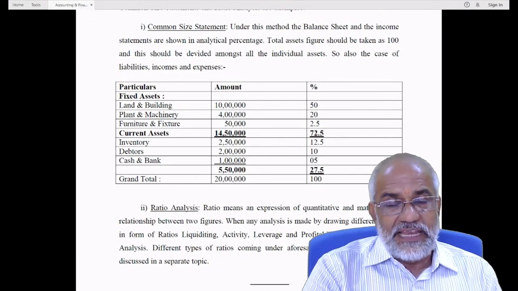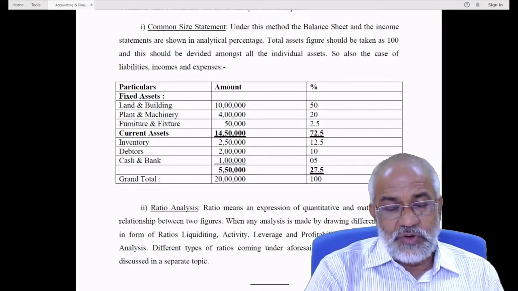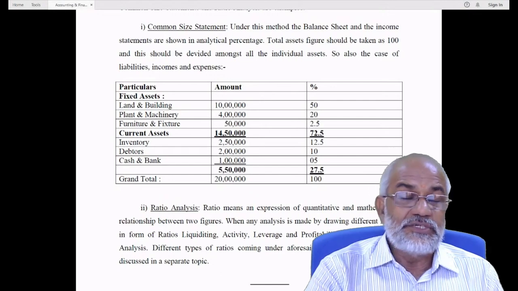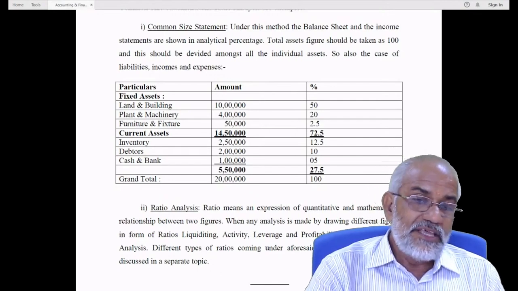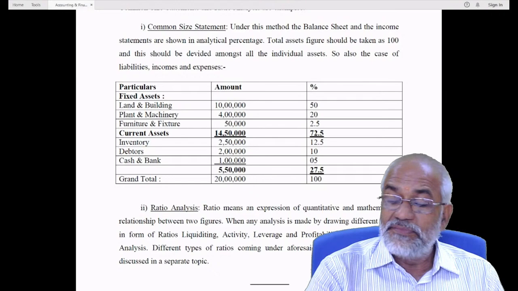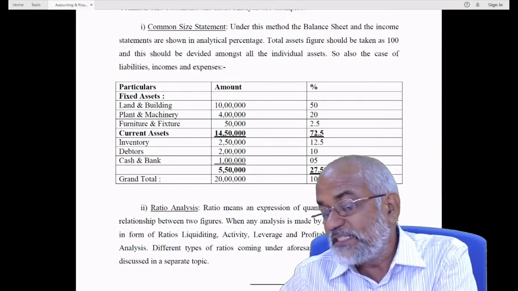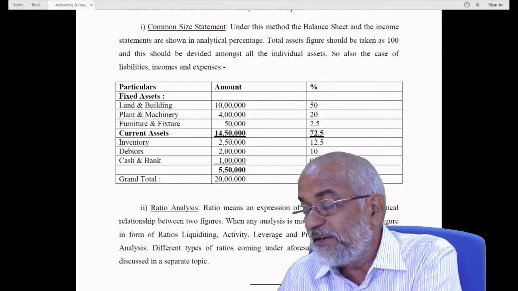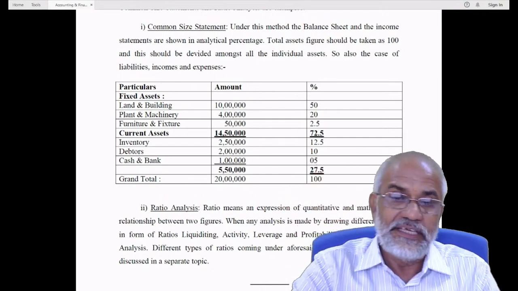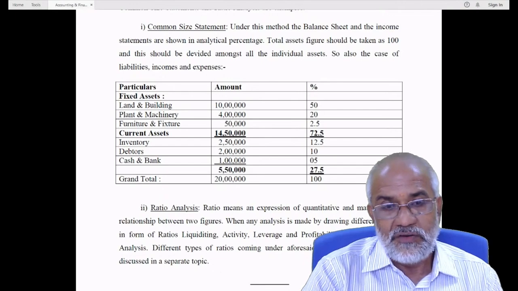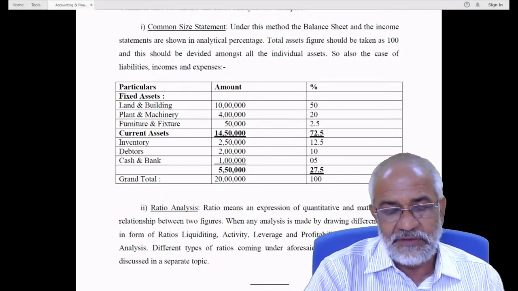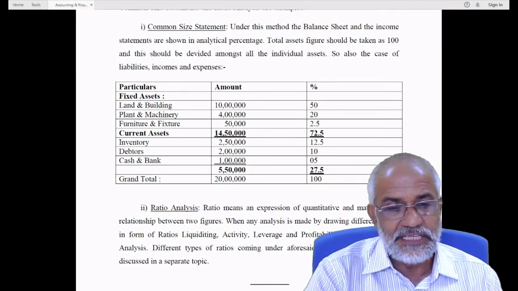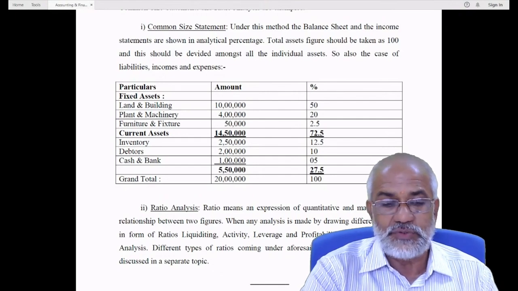Similarly, the last component of ratio under the traditional category is combined ratio. Combined ratio means one figure is taken from the balance sheet and the other one is taken from the income statement. That would be known as the combined ratio.